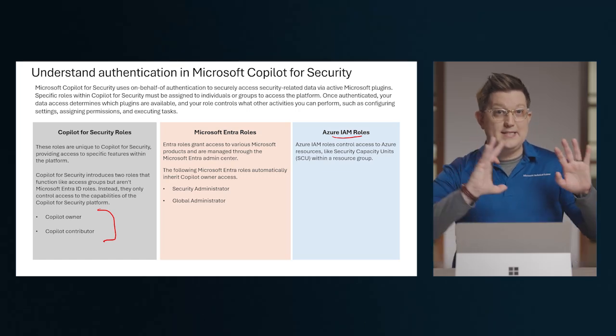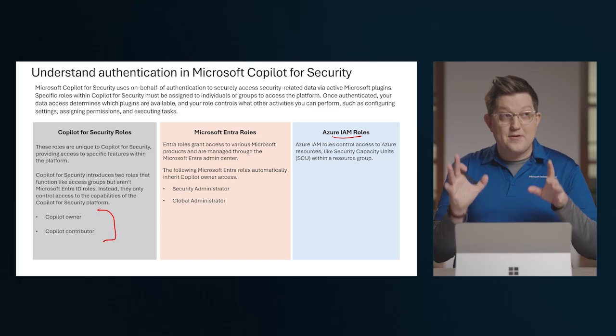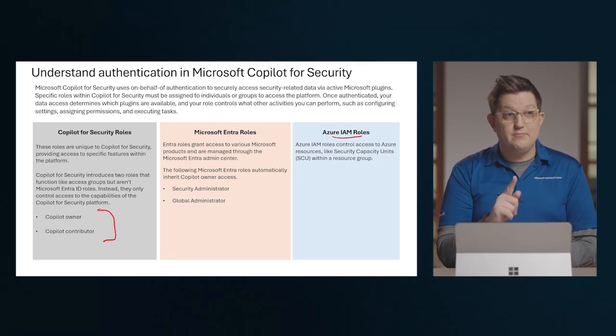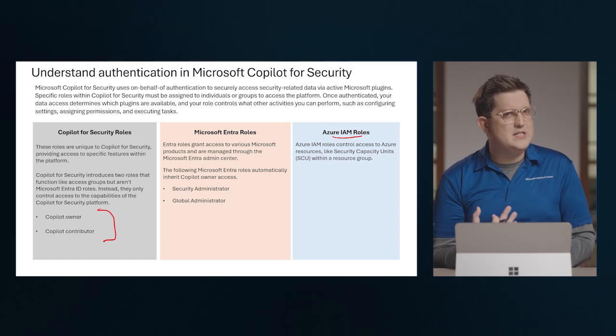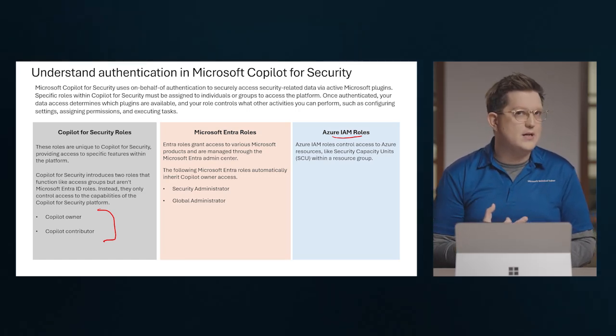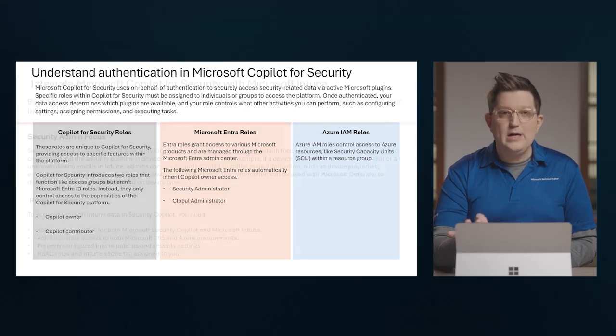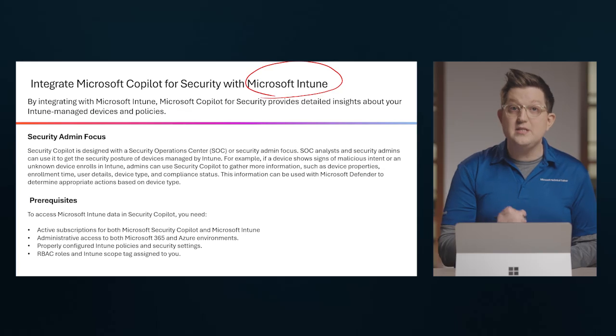All right, setup is done. We've done all of our pre-work. There is one more step to go. Not so much optional, but more that it's going to be different for every environment that we wish to enable Copilot for Security in. We need to talk about plugins because this is how we're going to hook into Intune.